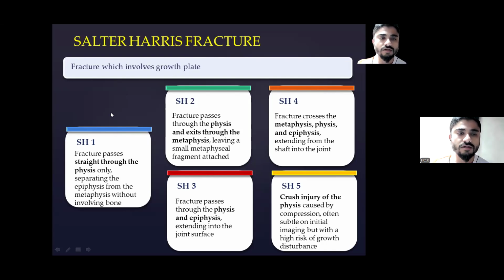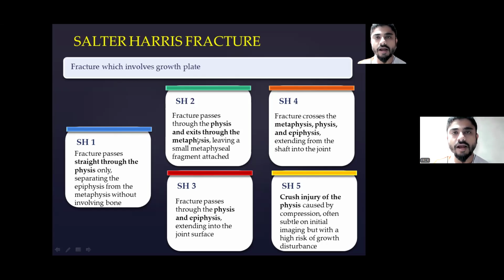Now there are 5 types of Salter-Harris fracture you should be knowing. So Salter-Harris type 1, the fracture line runs straight through the growth plate, through the physis. Okay, there is no involvement of epiphysis or metaphysis in Salter-Harris type 1. Coming to Salter-Harris type 2, the fracture line involves growth plate, that is physis, and also involves metaphysis.